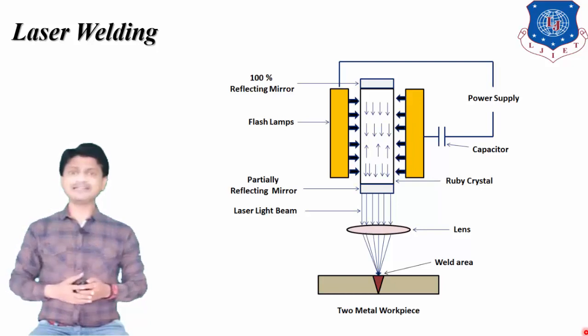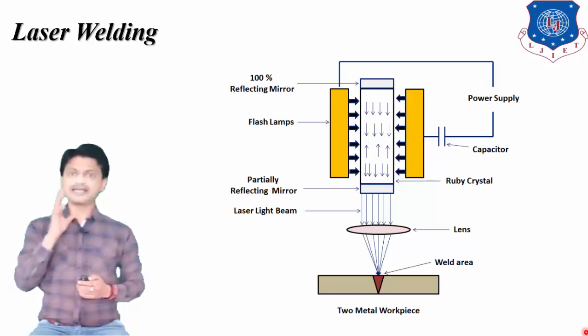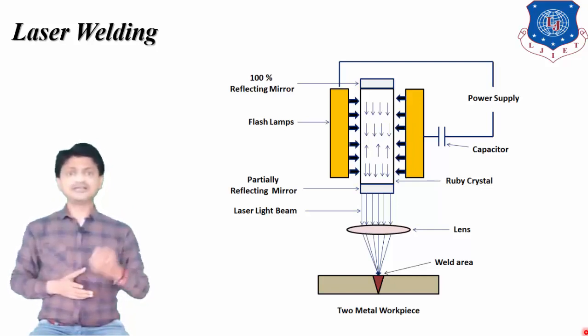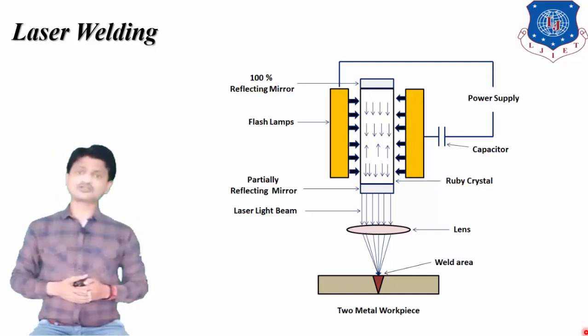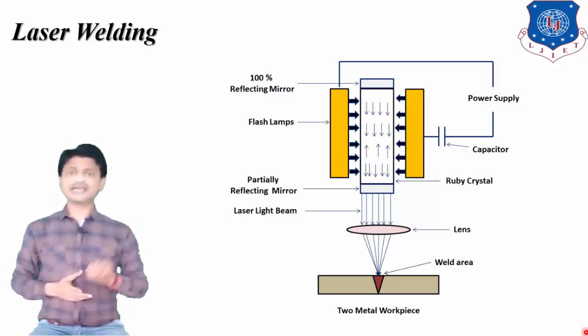There are some advantages of this method. The welding result is consistent and reliable. It is faster welding with high production rates. Narrow welds with controlled bead size are also possible. Now for some applications: carbon dioxide laser or CO2 laser is used for welding thin sheets and foils.